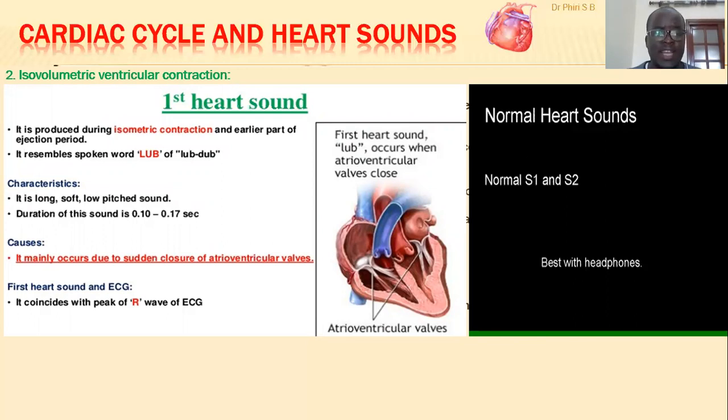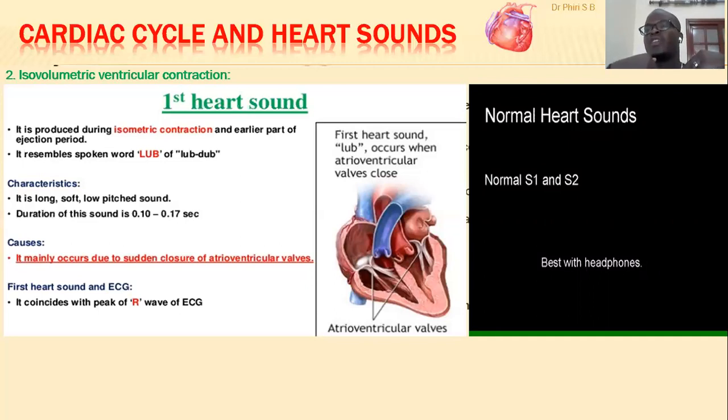Then the first heart sound on the ECG coincides with the peak of the R wave. Remember, the R wave is due to depolarization of the major ventricles. As you are having the depolarization of the ventricles, this is where you're going to get the first heart sound, because the pressure is now greater than the atrial pressure, and that will bring about closure of the AV valves.